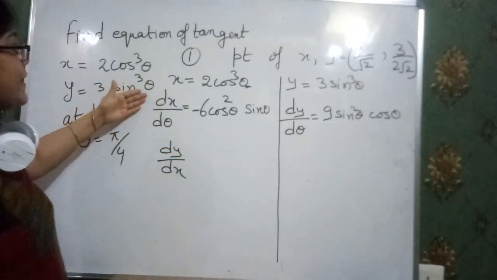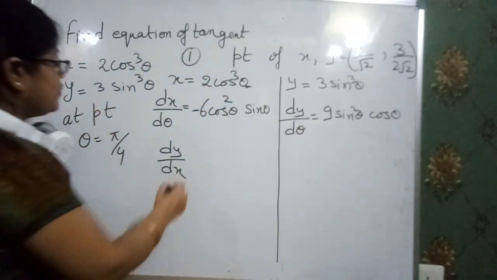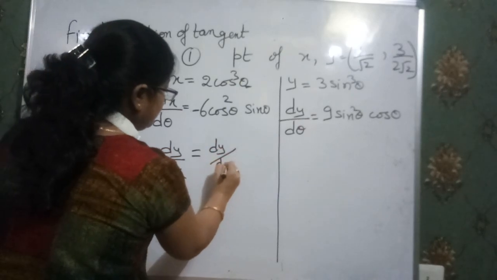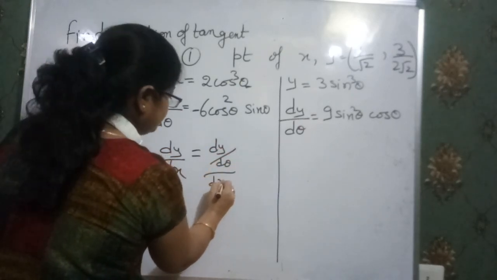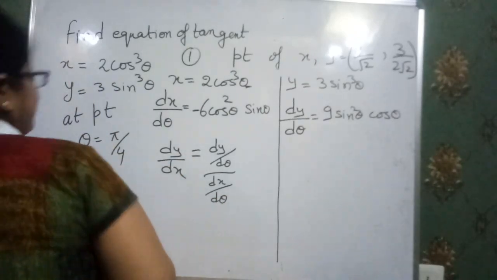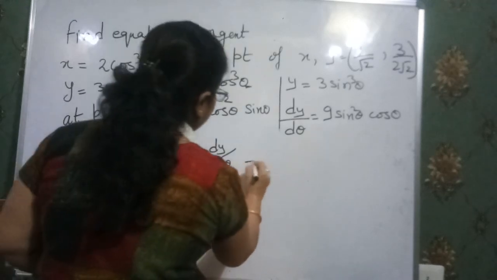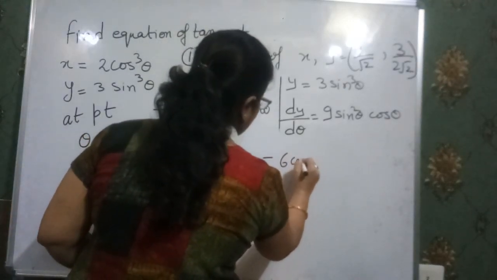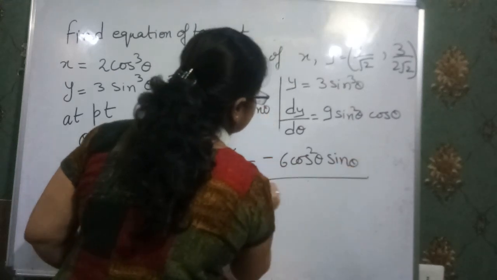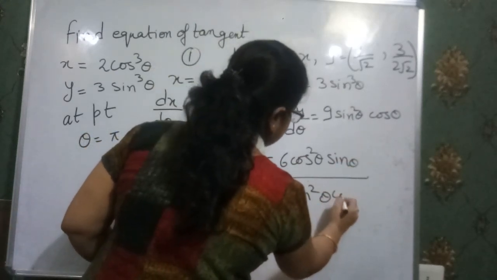But in finding the equation of tangent, we need dy over dx. Here I have dx over d theta and dy over d theta, so in order to find dy by dx, we just divide both of them. After dividing both of the equations which we got above, we are left with minus 6 cos square theta sin theta over 9 sin square theta cos theta.